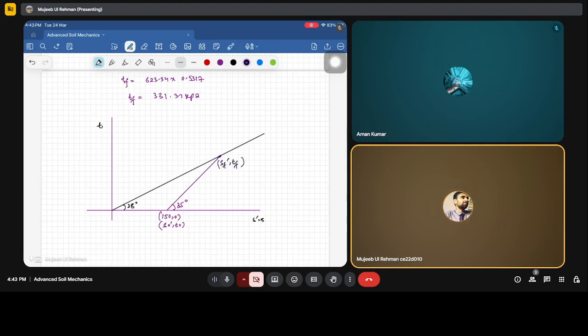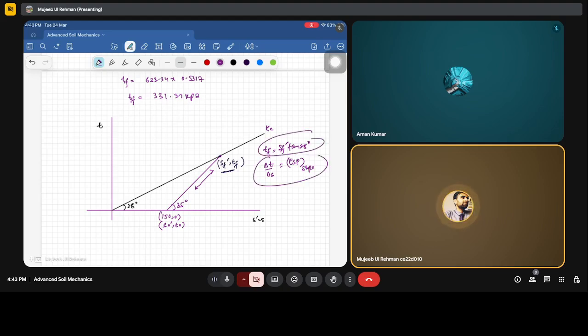Now the relation between the T and S, we can do it by two ways. By relating TF is equivalent to SF dash tan of 28 degrees using the equation of the failure line, and we can determine the TF using the slope of this ESP, that is delta T by delta S is the slope of ESP, correct?